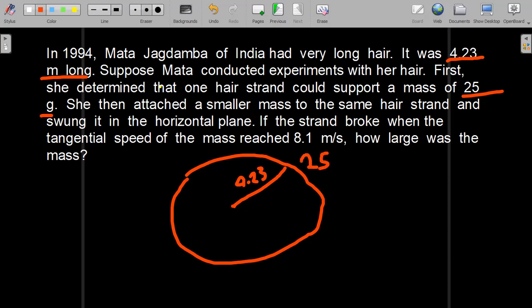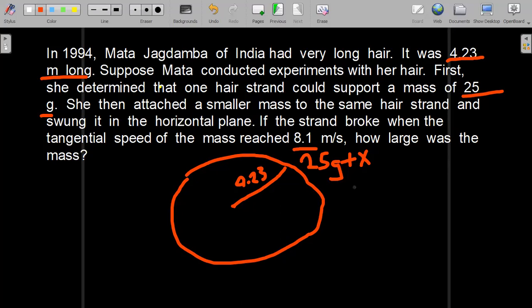Now an extra mass was added, but we don't know the extra mass, so that's what we're trying to find. The tangential speed that was reached was about 8.1 meters per second.